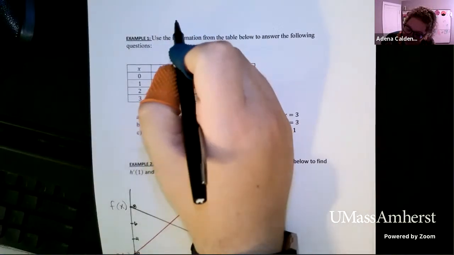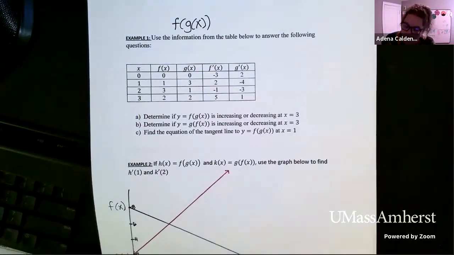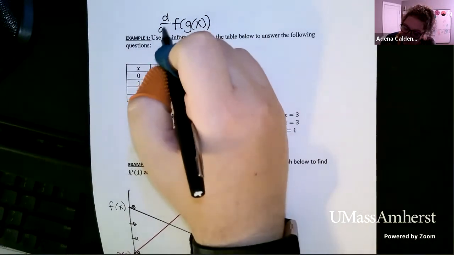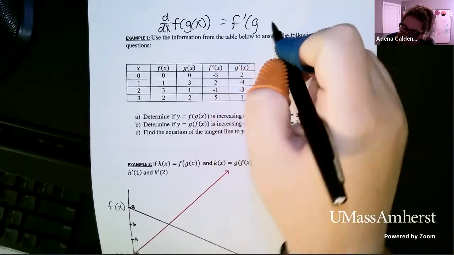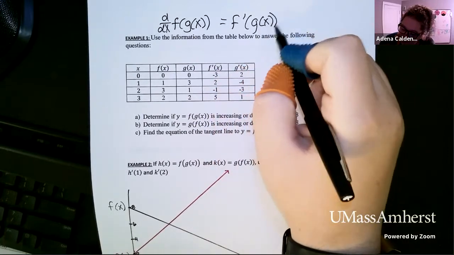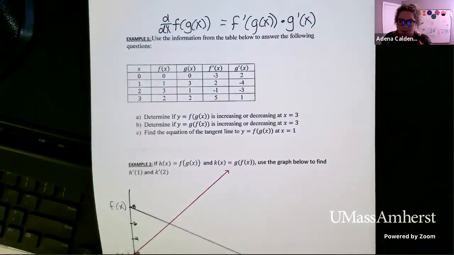So remember, if we have f of g of x, and we want to take the derivative, we get f prime of g of x times g prime of x.